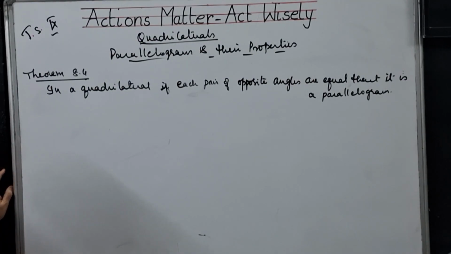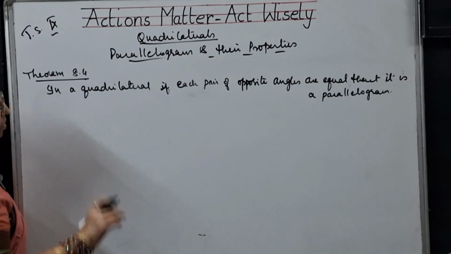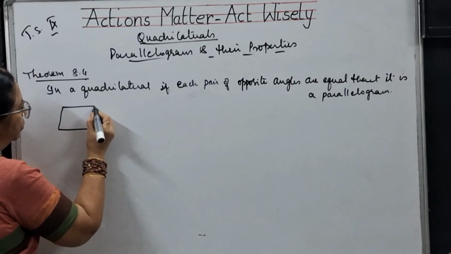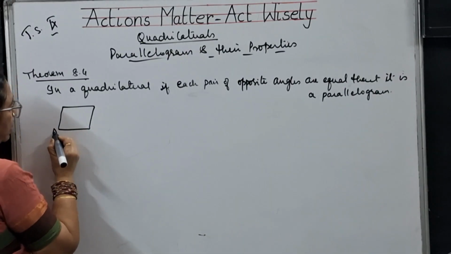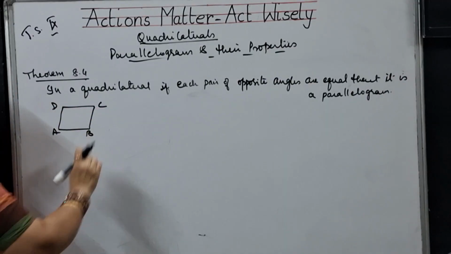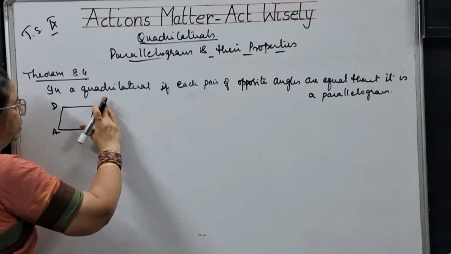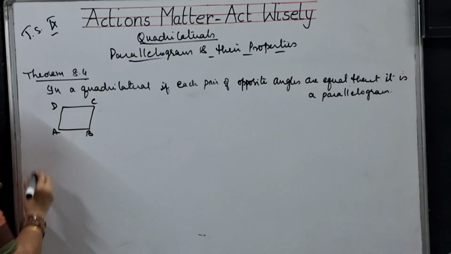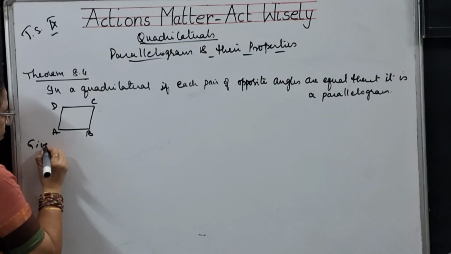The next theorem, children, 8.4, that is, in a quadrilateral, if each pair of opposite angles are equal. So there is a quadrilateral ABCD. If each pair of opposite angles are equal, then we need to prove that this is a parallelogram. So what is given to us?